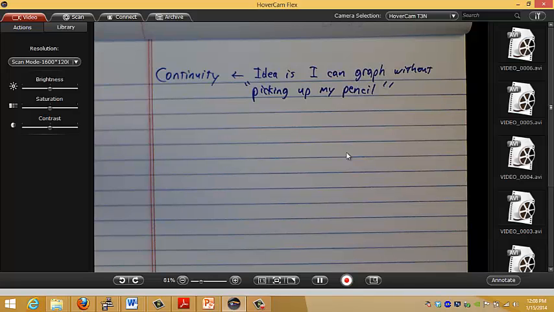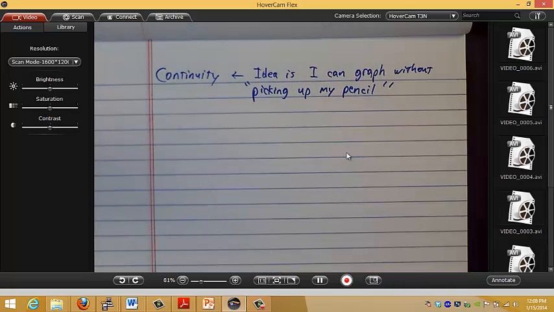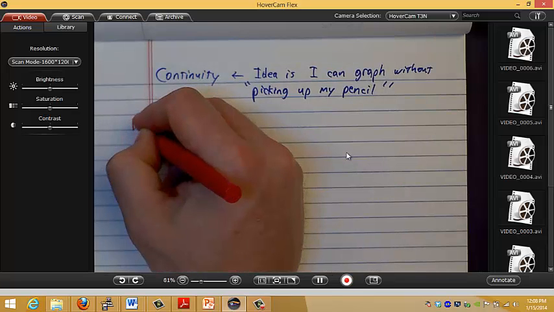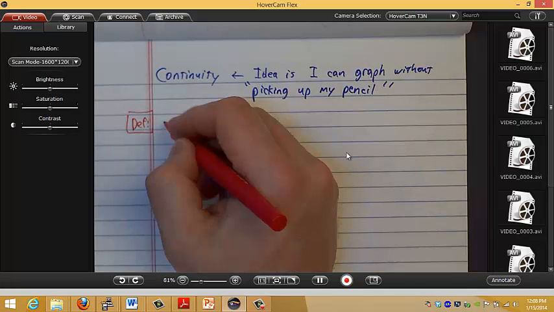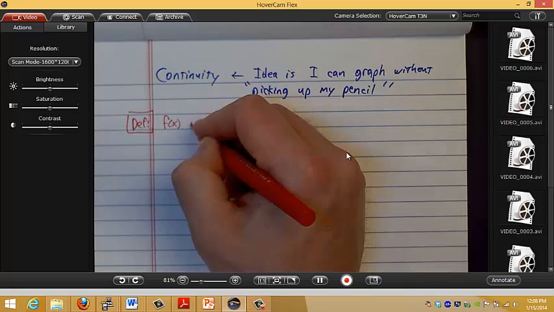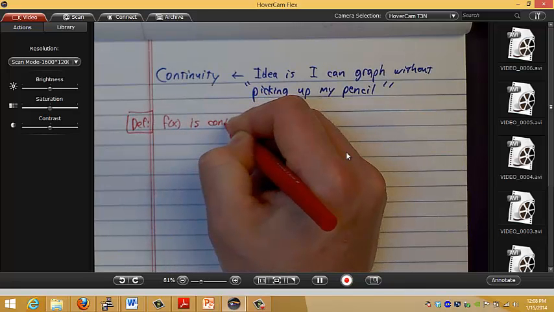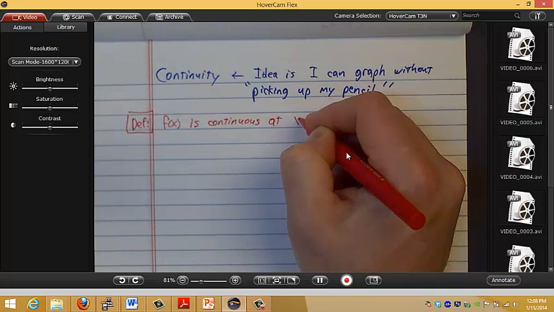But we need a better definition than this. That's why it's in quotes. And so here's the definition that I will use. Definition. The function f of x is continuous at x equals a.